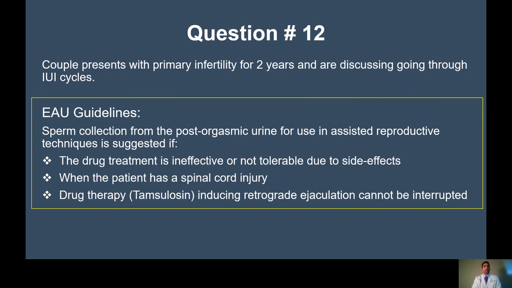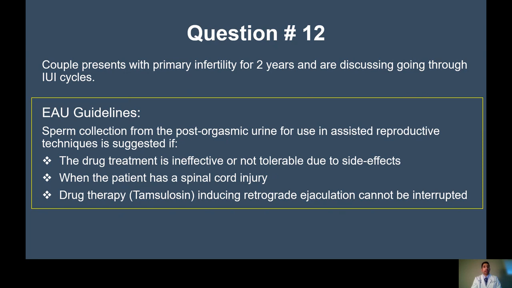So again, the EAU has guidelines in this particular situation. So post-orgasmic urine sperm collection is indicated to be used for assisted reproductive techniques if the following occurs. Any sort of drug treatment is ineffective or not tolerable due to side effects. So there are a variety of medications that we commonly use to attempt to treat a poor closure of the bladder neck.